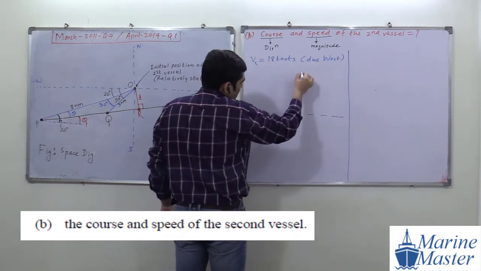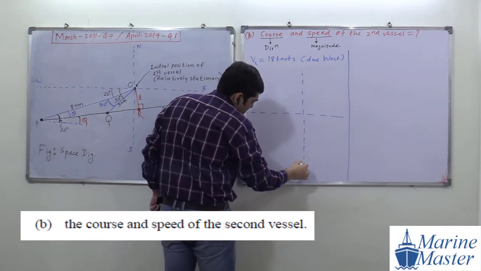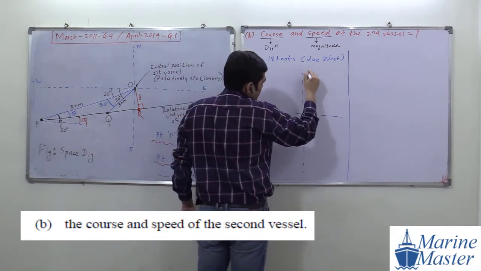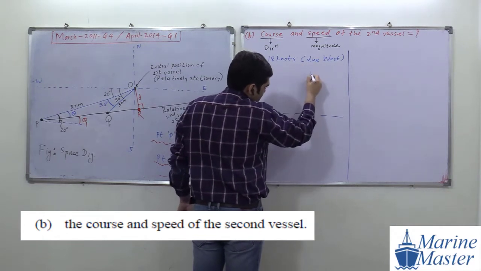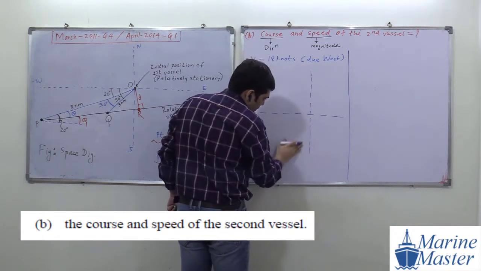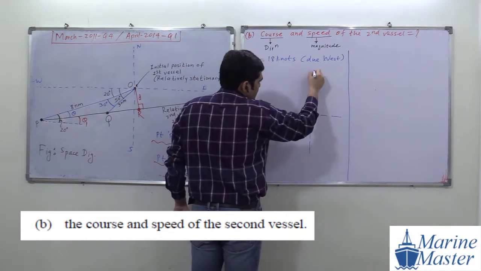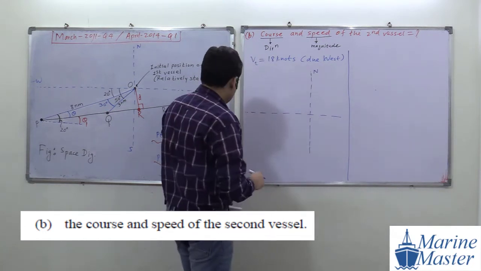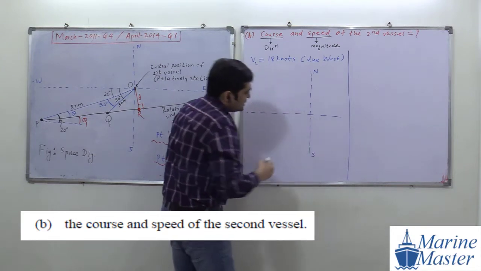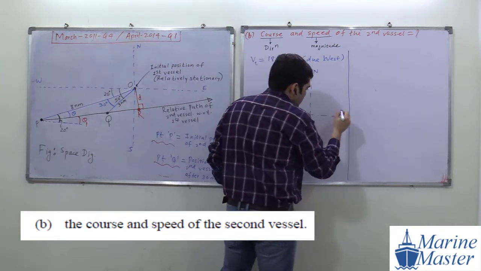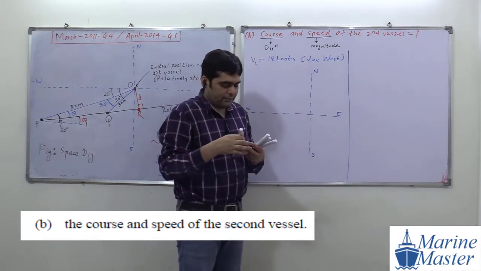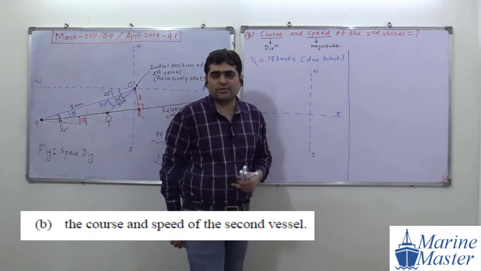First of all, we draw our reference axis. Don't write anything yet. This is the north direction, this is the south direction, west, and this is east.